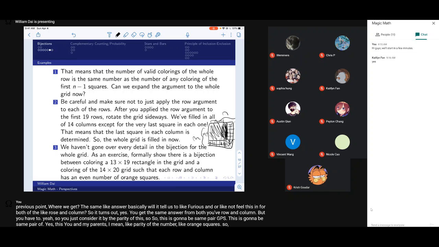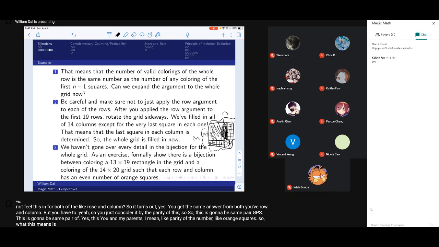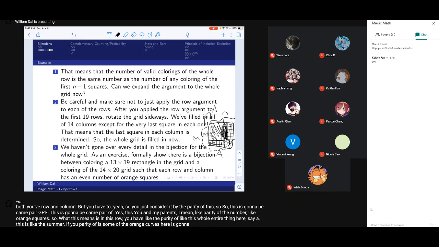So in this row, the parity of the sum of the orange squares here is going to be parity A, and this is also parity A, because they're both in the sub-rectangle. Because these parities are the same, they're going to tell this corner square to do the same thing. Does that make sense? Okay, good.